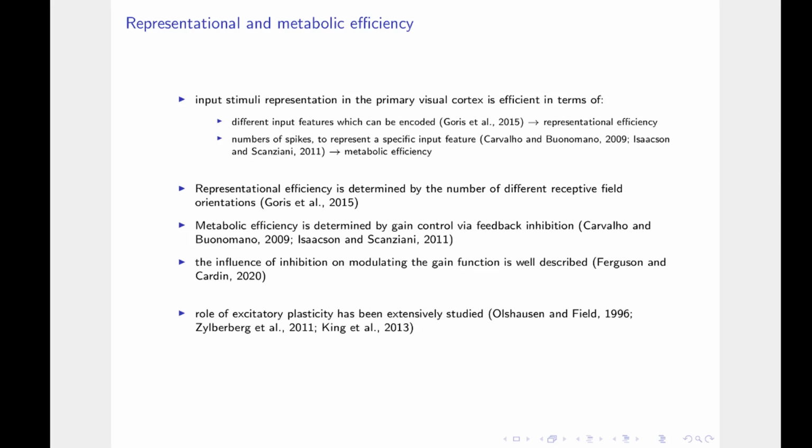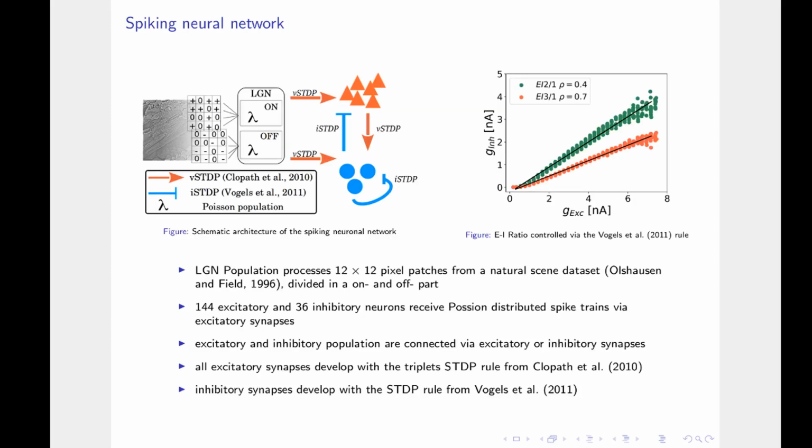The role of excitatory plasticity has also been extensively studied in the past, whereas the influence of inhibitory plasticity is still unclear. To investigate this influence, we built a spiking neural network consisting of a population of Poisson neurons to model the LGN layer, a population of excitatory and a population of inhibitory neurons.